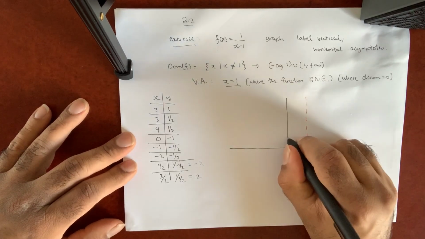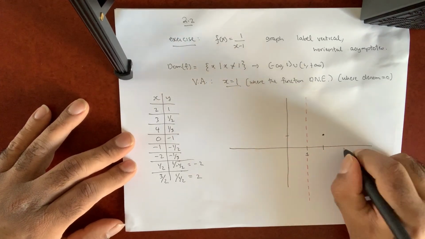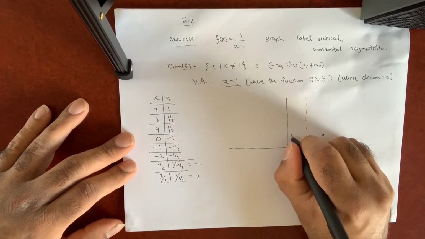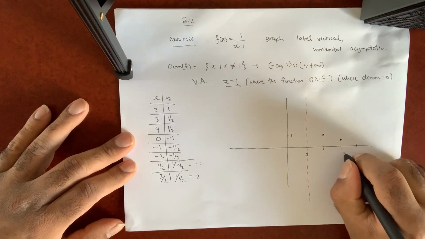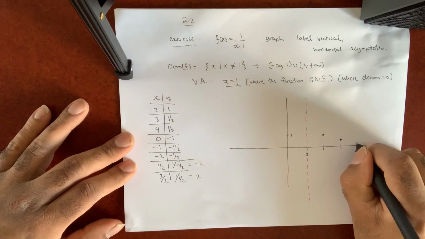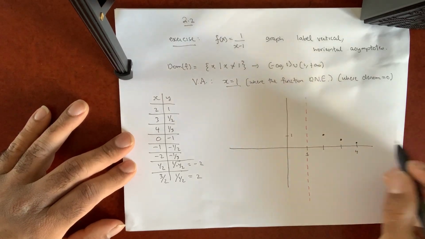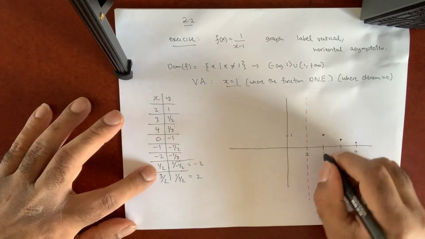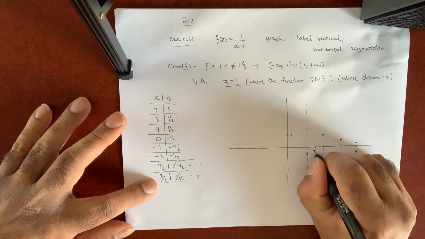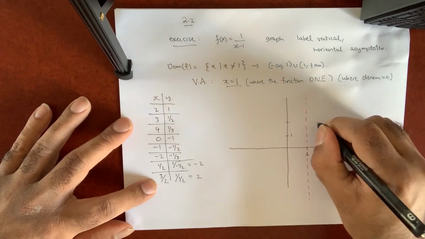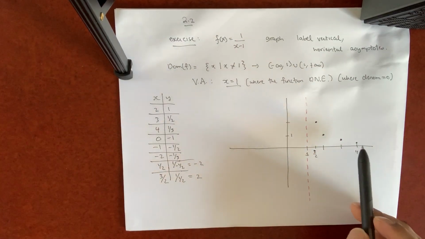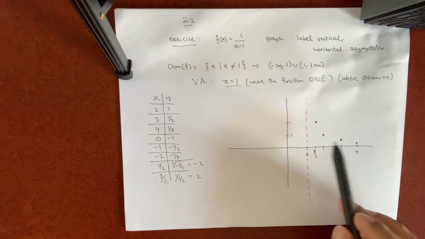We have 2 and 1, 3 and 1/2, 4 and 1/3. And then we also have 3/2, which is 1 1/2, and that maps up to 2. So these are the points on the right side of the asymptote.